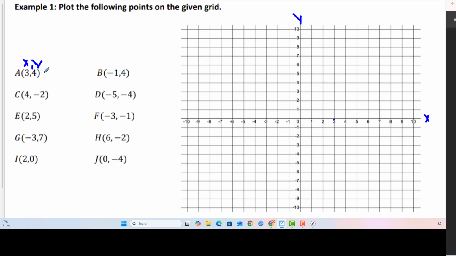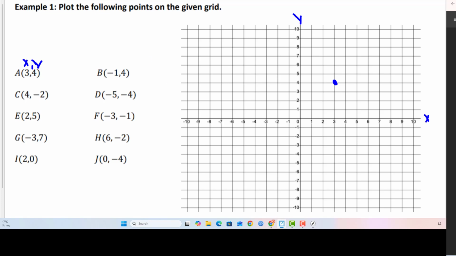And I'm going to find 4 on my y-axis, 4 is over here. I'm going to find out where these two points intersect, and it's right over there. So just so you know, you don't have to draw these dotted lines. This is just to showcase how I'm getting to that point.